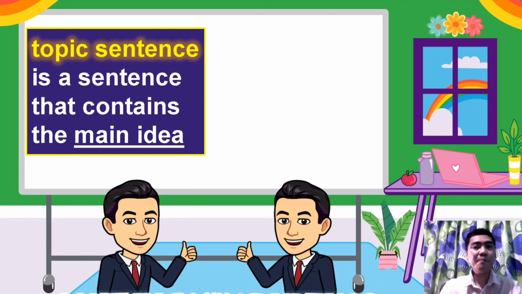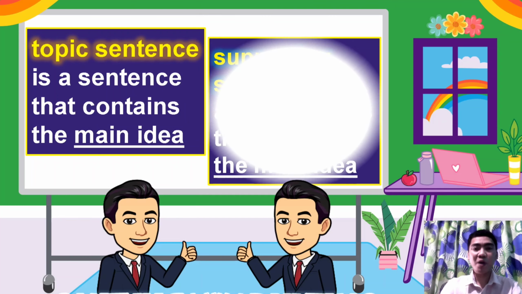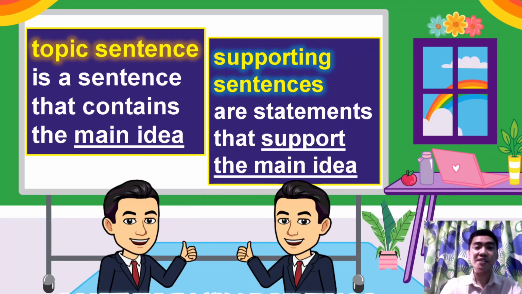But some paragraphs may give you the main idea at the middle or at the end. But normally, you will see or you can read the main idea or the topic sentence at the beginning of a paragraph.